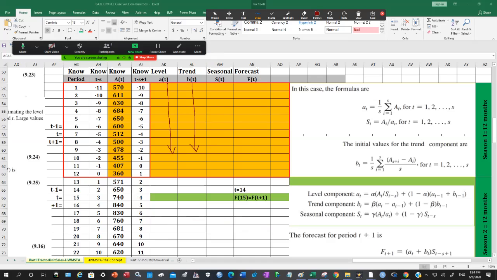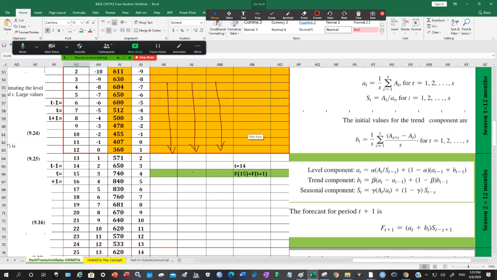So with all of this, we know now that we have the level component, the trend component, and the season component. The formula for the forecast is this formula right here. And here it will be a little bit tricky as to how this is going to be done.